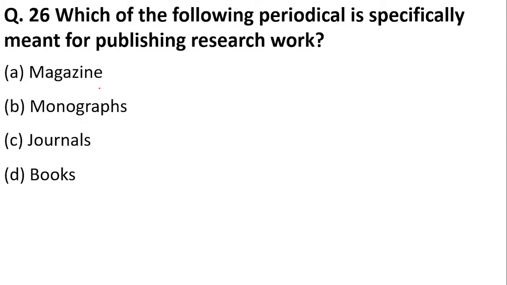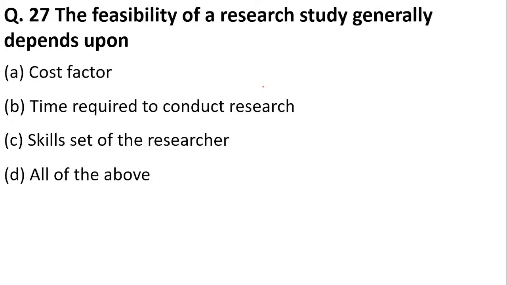It could be any topic from an author or from an artist. But a periodical is something that comes up in a fixed interval. So your journal is a periodical which is meant for publishing research work only. The right answer is option C, journals.